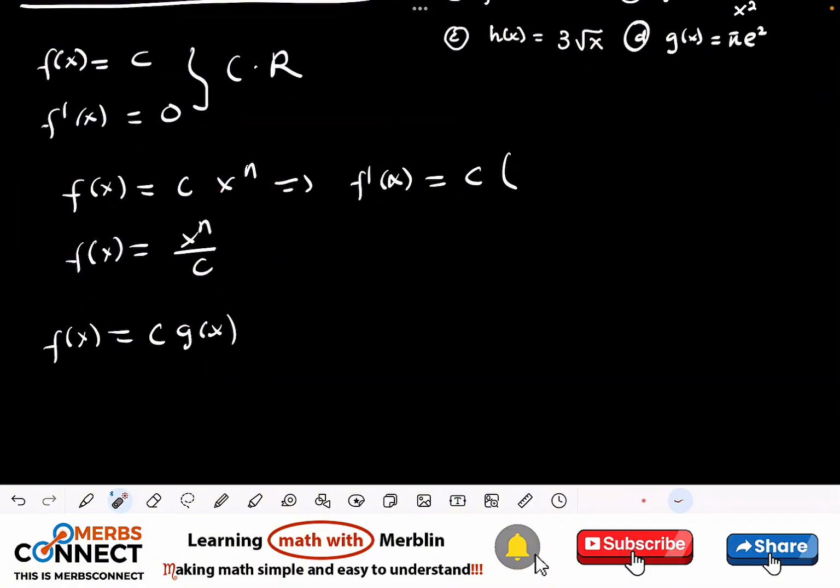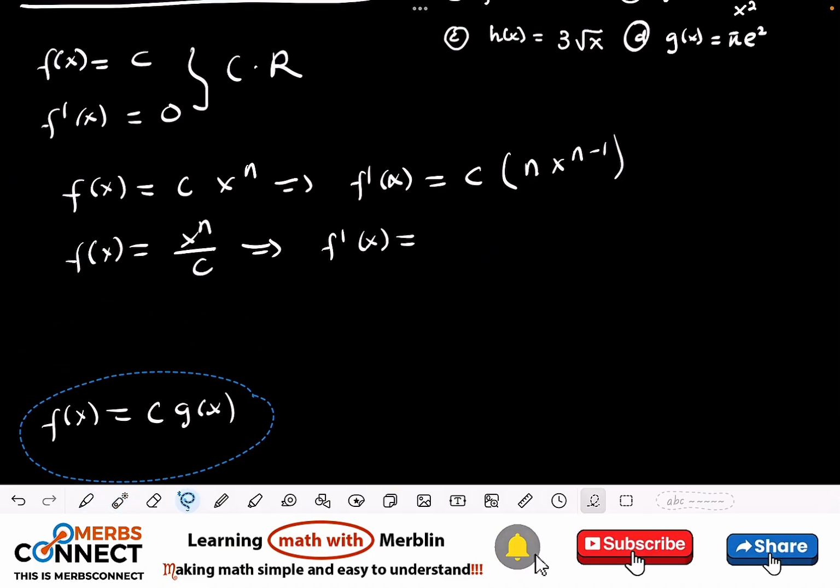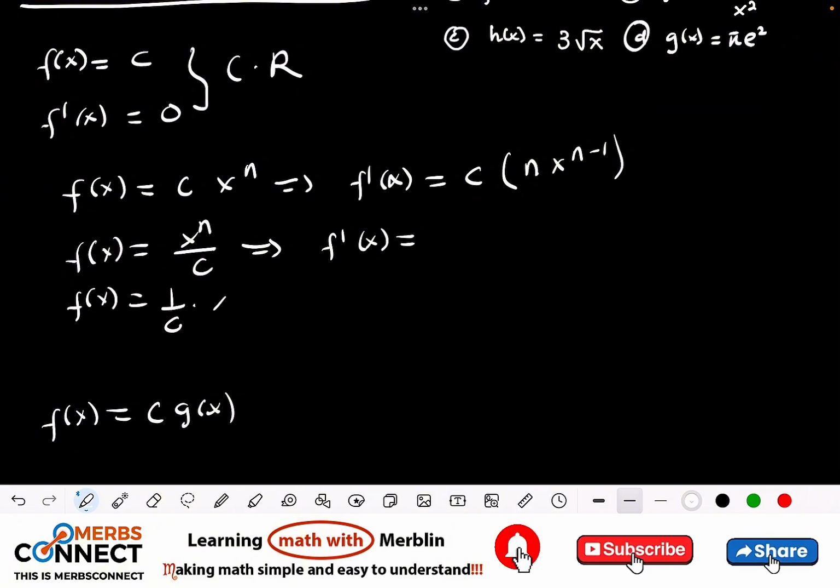Using the power rule, this is just n minus 1. So this is the constant multiple rule. If I'm talking about the second one here, then f prime of x will be equal to, what I need to do is factor my constant out, right? But don't forget, this function f of x can be written as 1 over c times this.